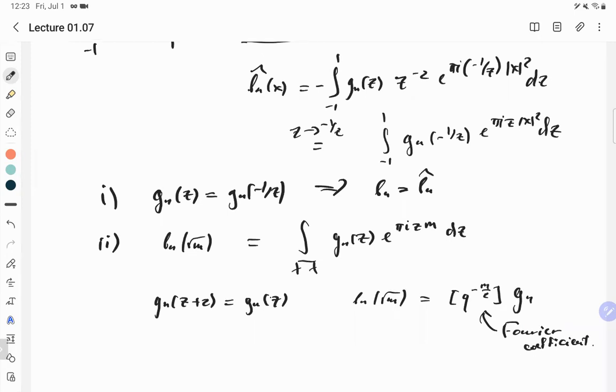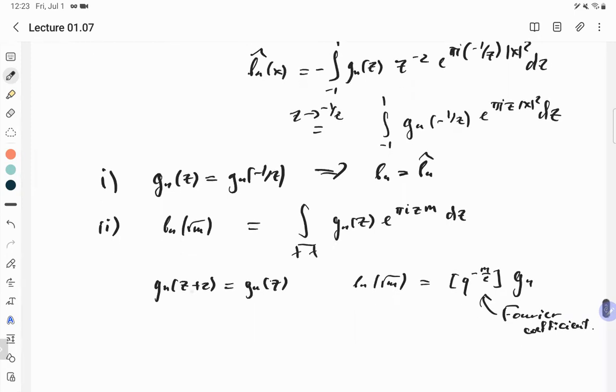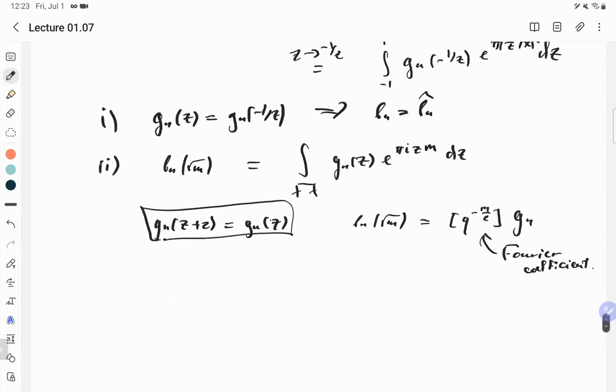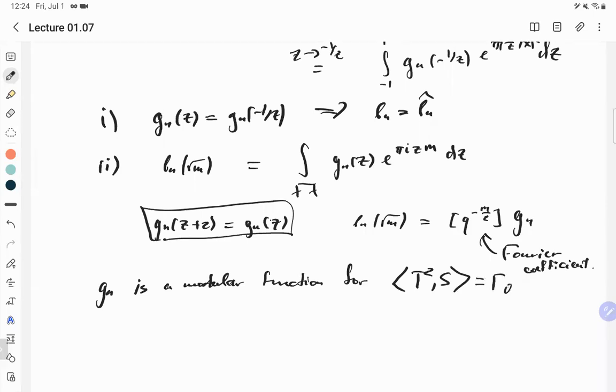And so, with these two properties, you see that Gn is a modular form for some group, which is the group generated by t squared and s. So Gn is a modular function, in fact, of weight 0. This is what we sometimes call the theta group.